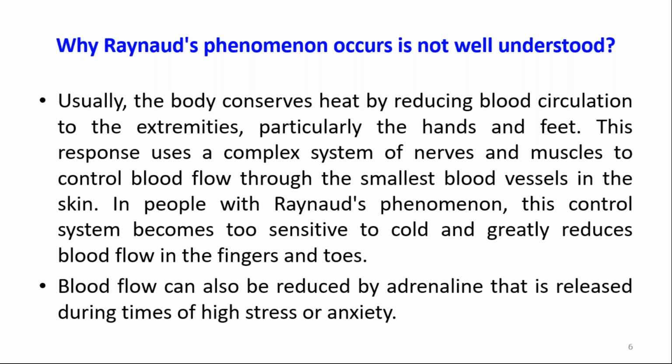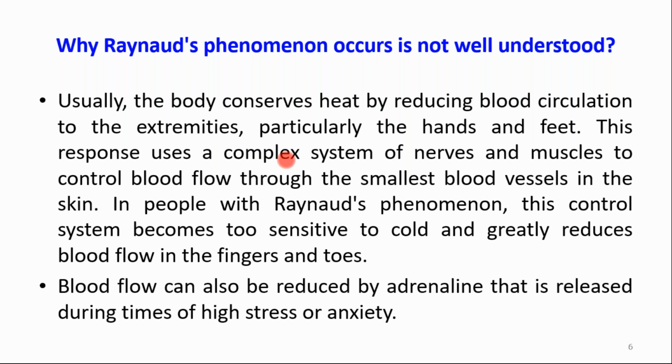Why Raynaud's phenomenon occurs is not well understood, because many times we don't understand that this is Raynaud's phenomenon. Usually the body conserves heat by reducing the blood circulation to the extremities, particularly the hands and feet.